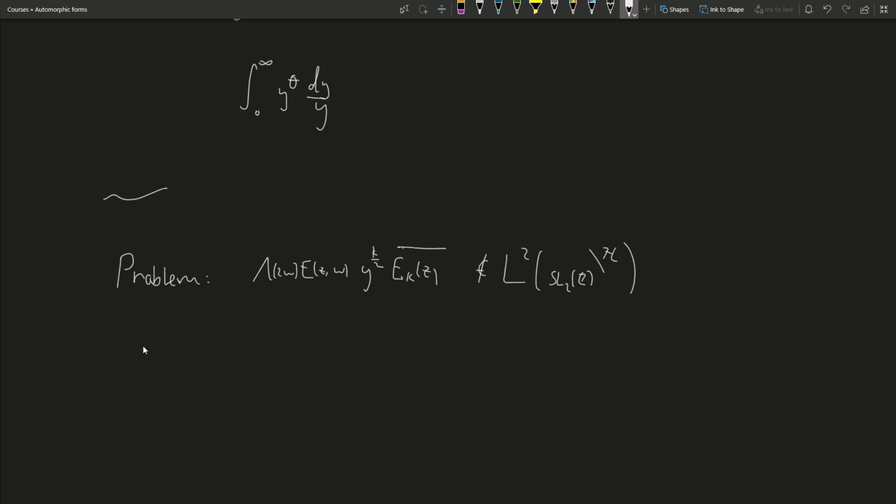And spectral decomposition only works when you are square integrable.